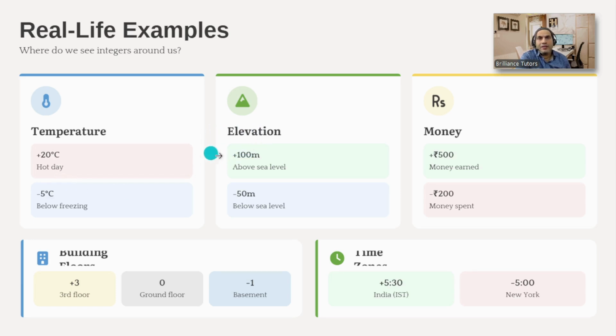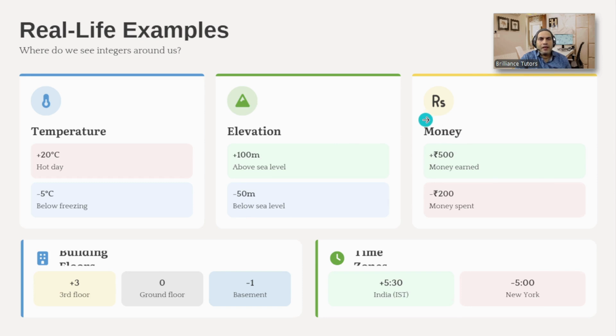Then elevation: whenever we go above the sea, like plus 100 meters, it means we are going above sea level. If you go above sea level, we will consider plus 100, and when we go deep in the sea, sea level is 0, and when we go below sea level, that will be minus 50.